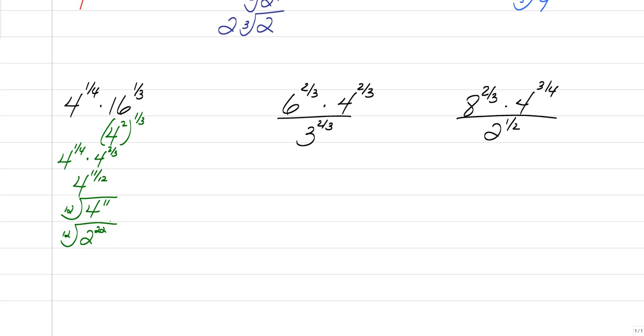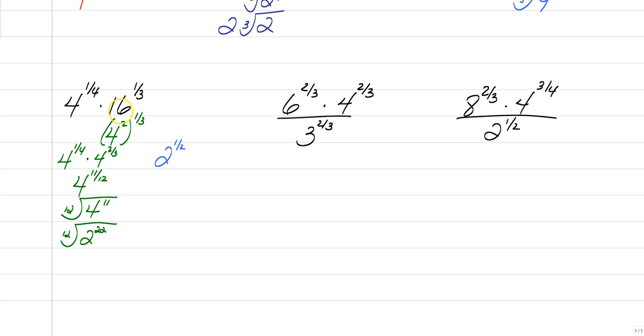So that's why I was telling you, you should always try to go to the simplest base from the beginning. This one you should have gotten bases of 2 for both, but I just wanted to show you what would happen if you didn't. The problem can still be done. So 4 is actually 2 squared. So 2 squared to the 1/4 would be 2 to the 1/2.